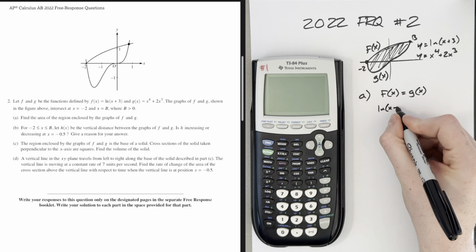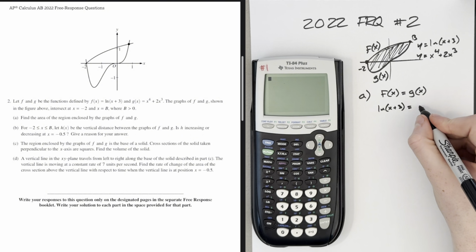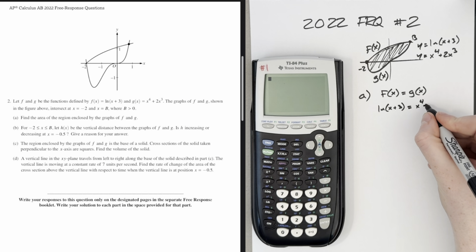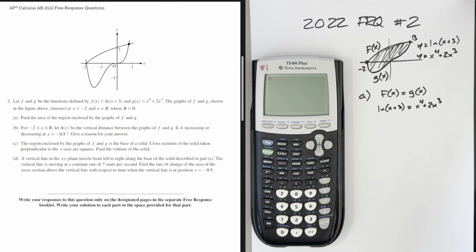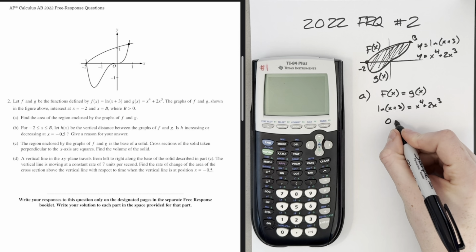So the ln of x plus 3 equals x to the fourth plus 2x cubed. Now, I have not really found a great way on the TI to just plug in these functions and have it spit out an x value. But a really thoughtful way to solve this problem is by isolating 0.